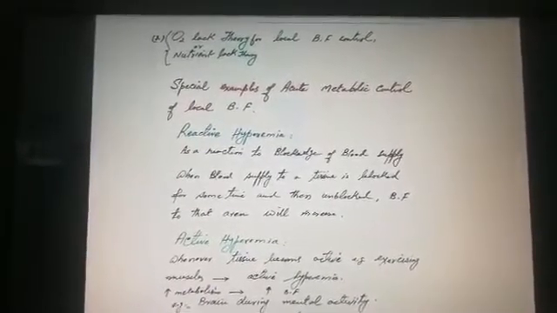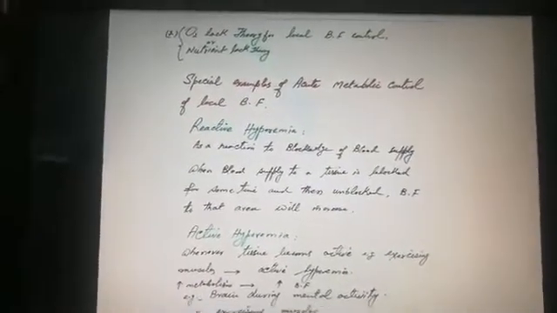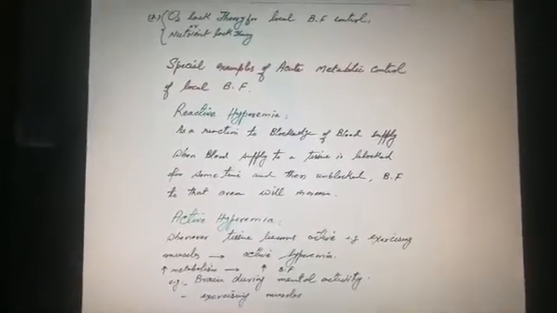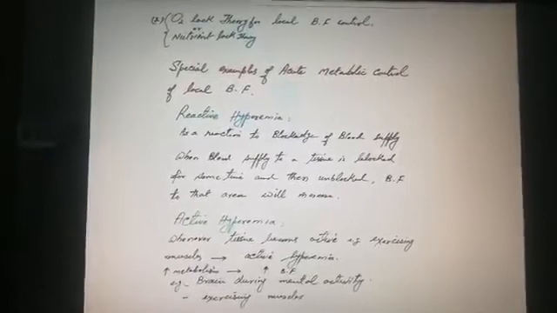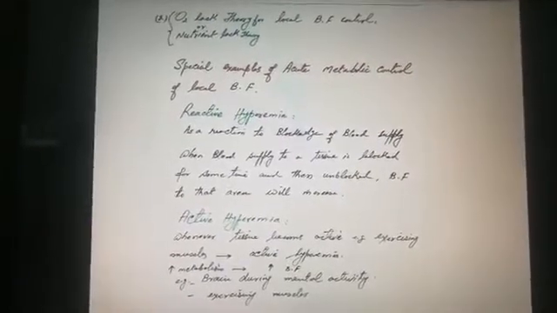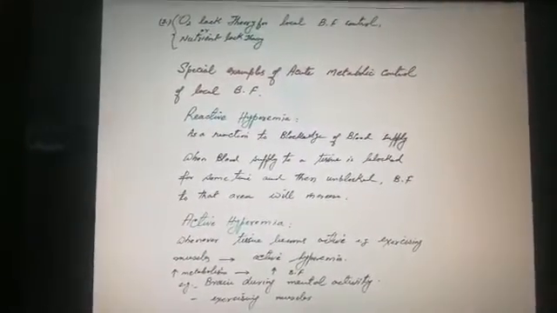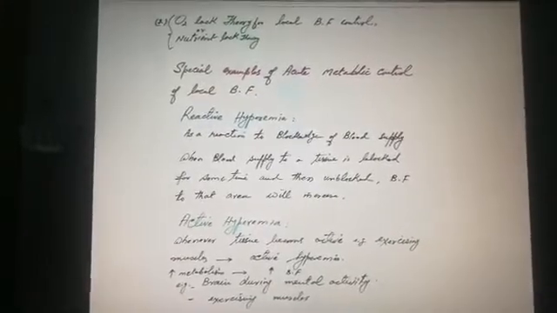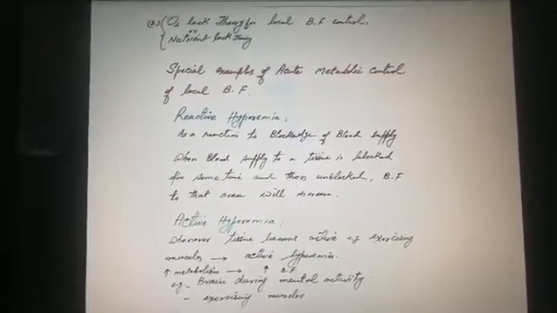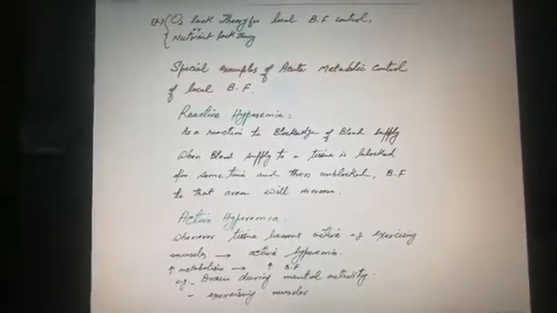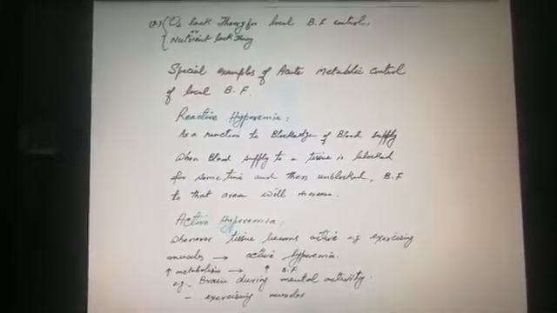And the other reason is that when the blood flow is blocked to that area, the area becomes ischemic. So when the blockage is removed, due to ischemia the blood rushes towards the ischemic part of the tissue.